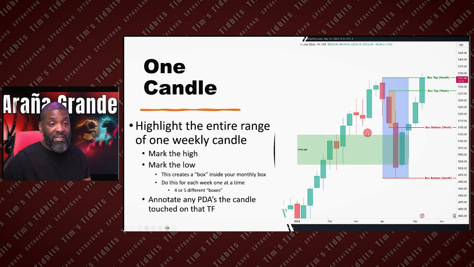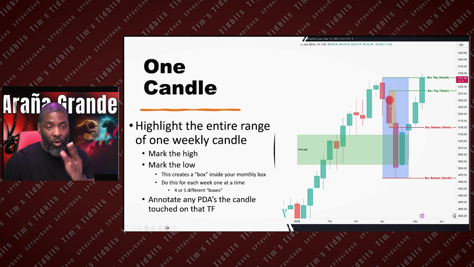So now you got a box inside of a box. Now you want to do this for each week, 1 week at a time. It's going to be 4 or 5 different boxes, typically 4 boxes inside it. When you do week 1, you're going to drill down to the daily, and you're going to do all 5 days separately as you're studying price.